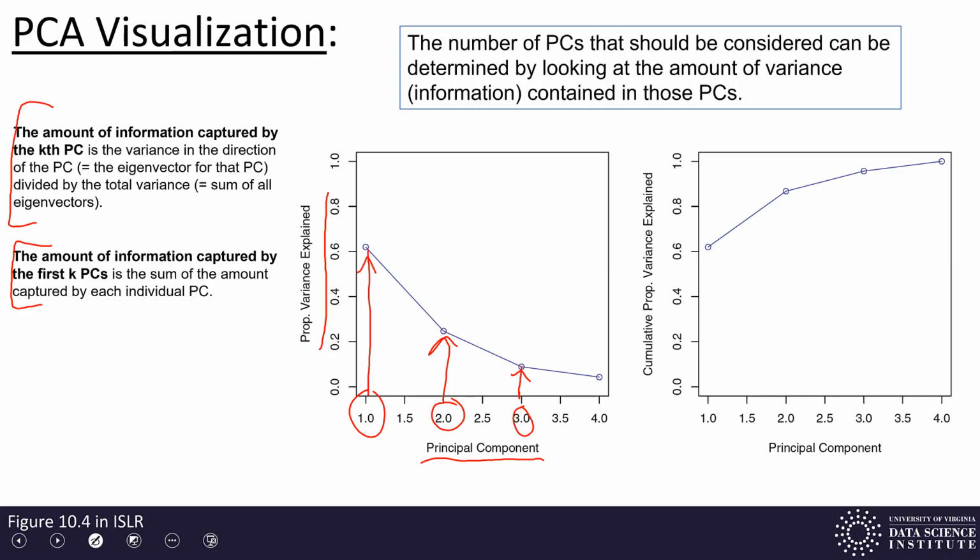And so what we often look at is the cumulative proportion of the variance explained, or the amount of information contained in the first K principal components. One principal component by itself captures 60% of the information. 2 principal components will capture maybe 95% of the information.